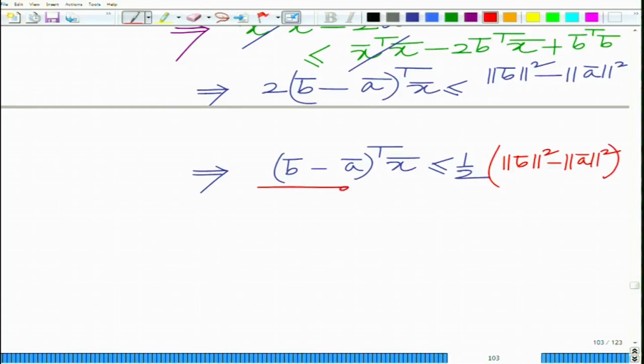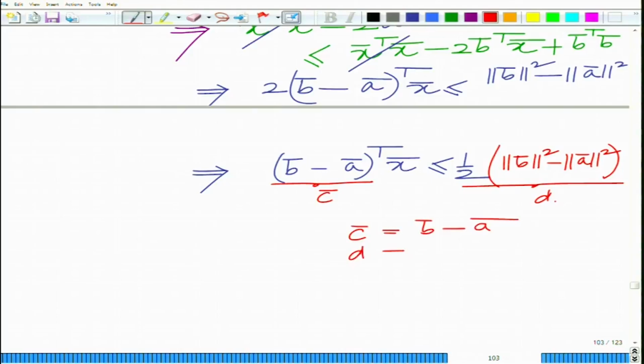And therefore, if you call this vector c bar, that is c bar equals b bar minus a bar, and this constant d equals half norm b bar square minus norm a bar square.